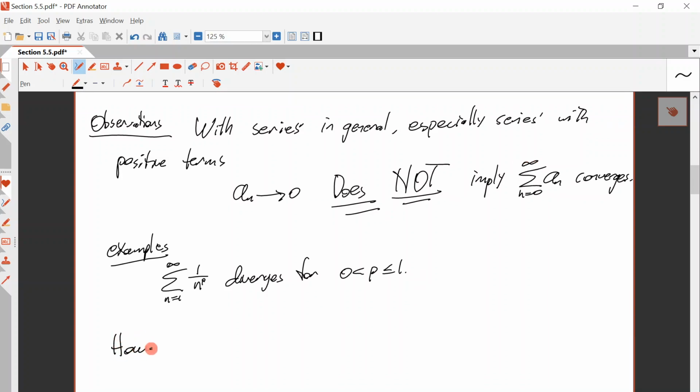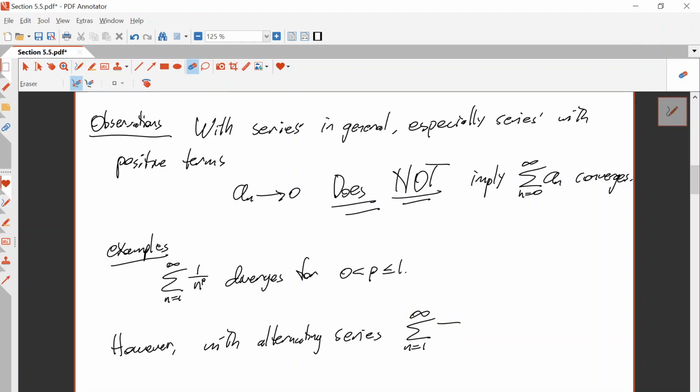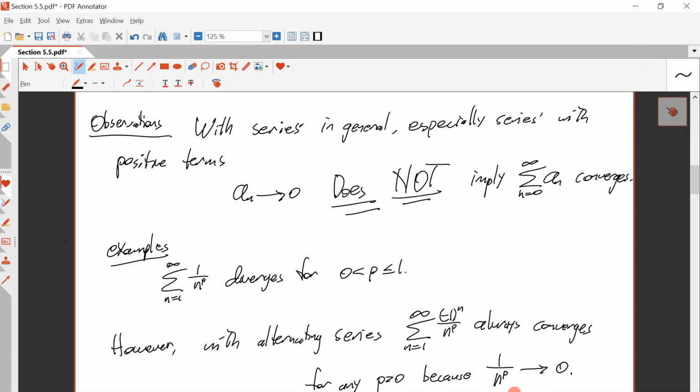However, with alternating series, the sum n equals 1 to infinity of (-1)^n over n^p always converges, for any p bigger than 0, because 1 over n^p converges to 0 itself.